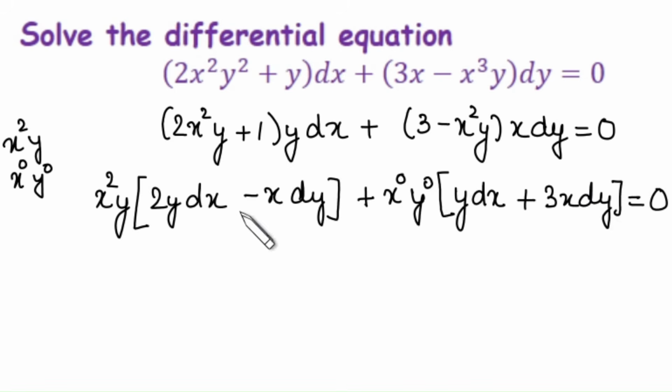Now this is the special form of differential equation. We can assume that its integrating factor is x raised to power h, y raised to power k. Identify what the values of h and k are in this case and what the final solution is, and write your answer in the comment section.